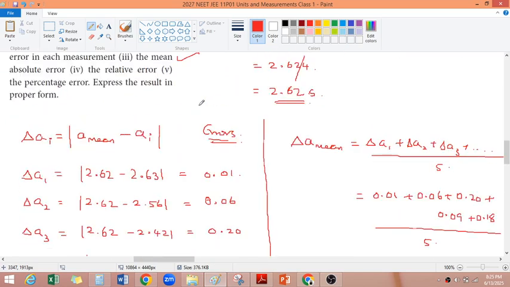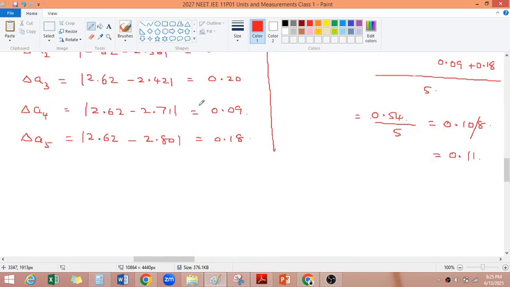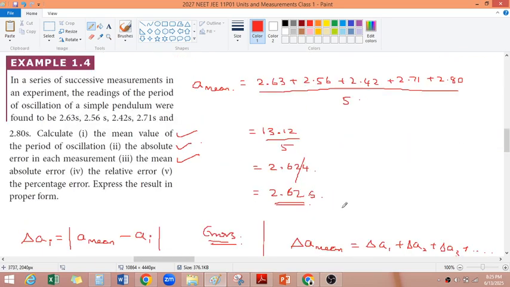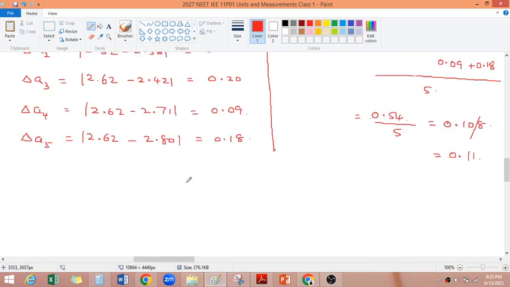Relative error. So relative error means this is the error, mean error, divided by the original mean value. So this is the mean error divided by the original value or the true value.